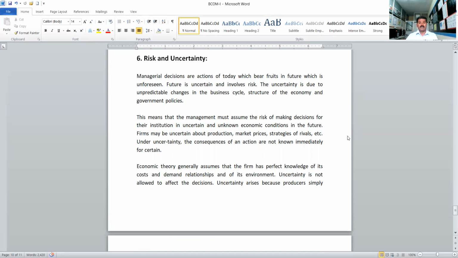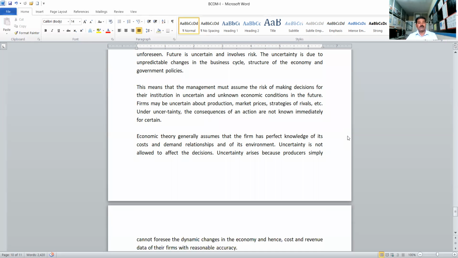Economic theory generally assumes that the firm has perfect knowledge of its costs and demand relationships and of its environment. Uncertainty is not allowed to affect the decision.